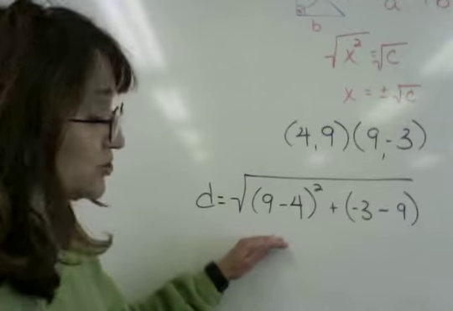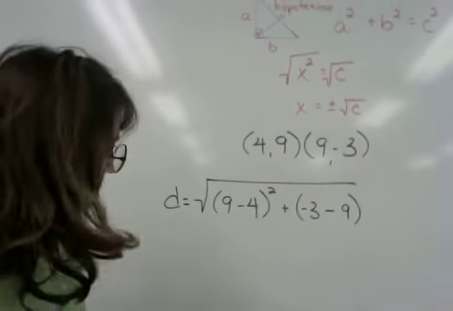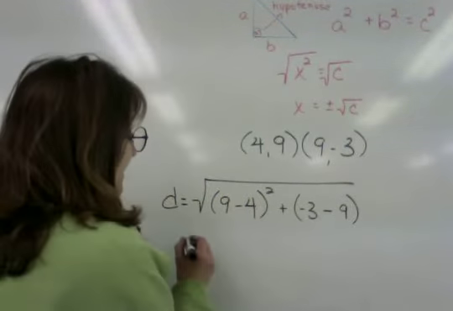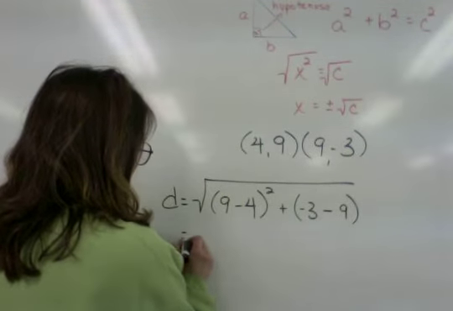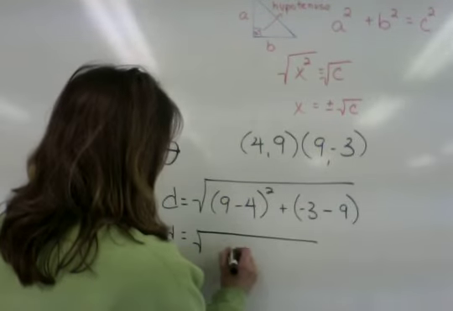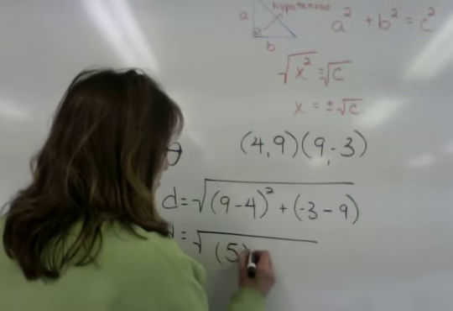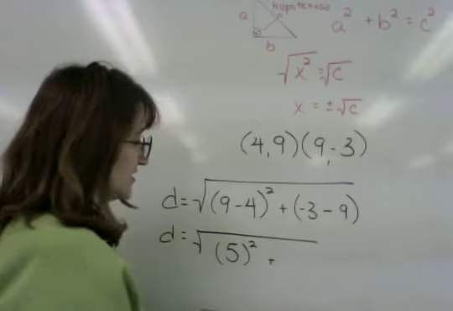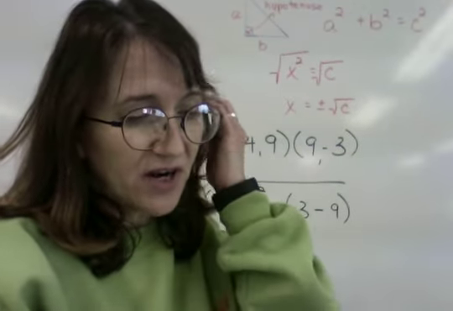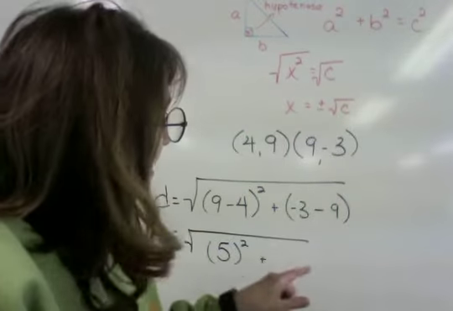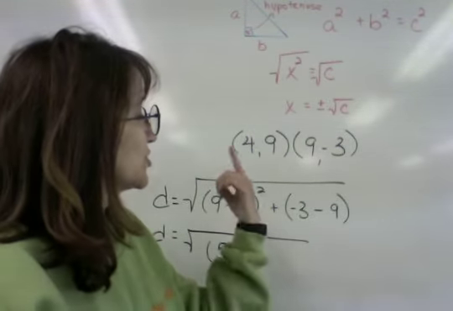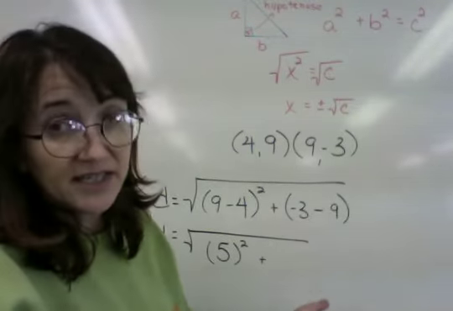So let's do this step by step. I have 9 minus a 4. That one's easy peasy, that's going to be 5. Eventually we're going to square that. This one is where we get into positive, negative numbers and we start to cross our eyes just a little bit. So I have a -3 and then I'm going to subtract a 9.